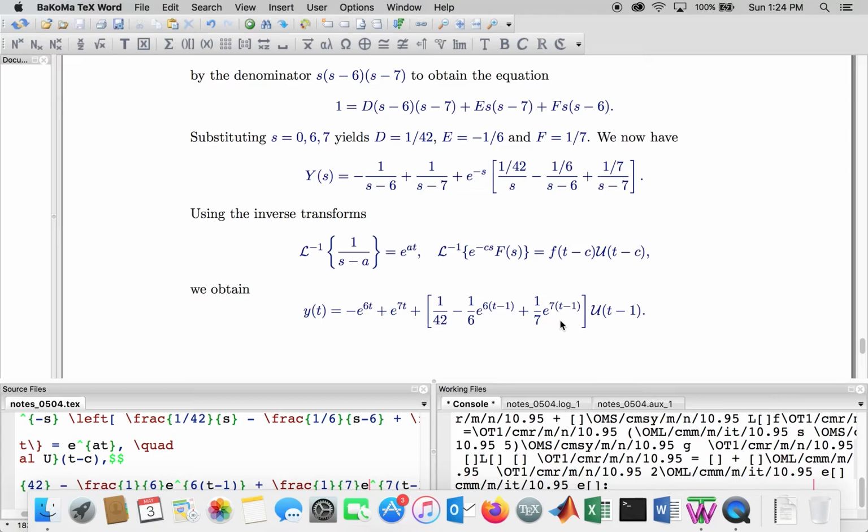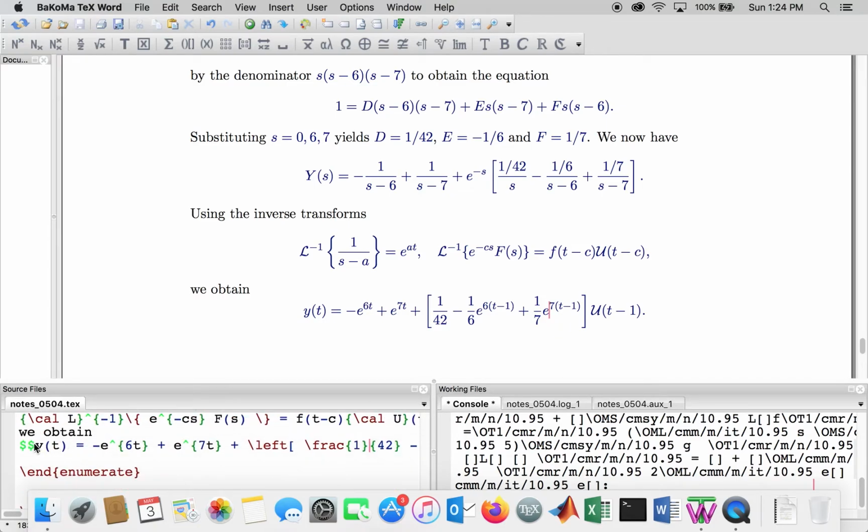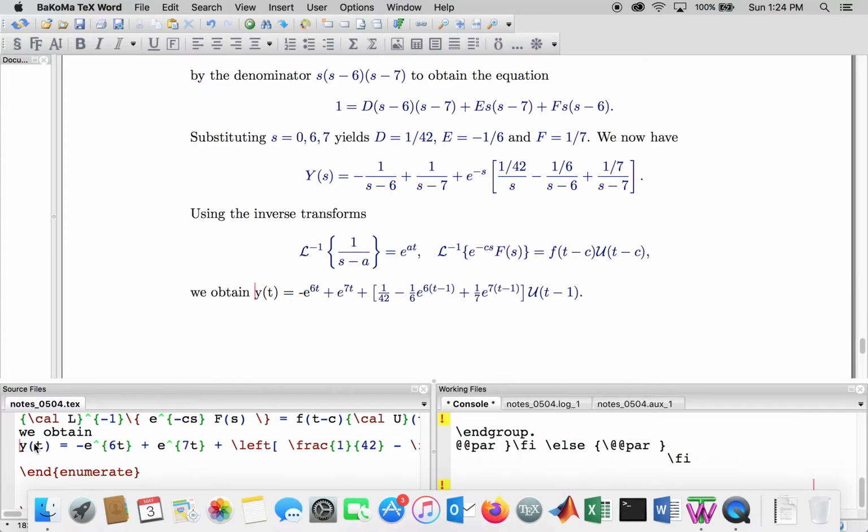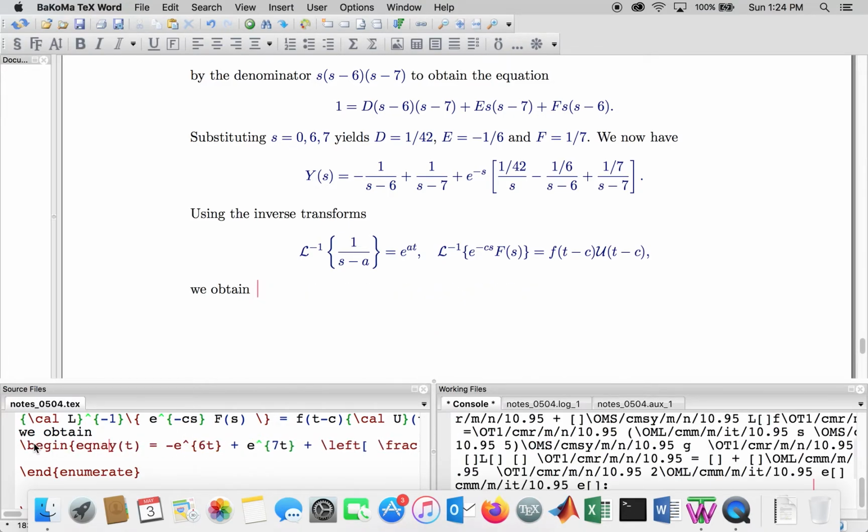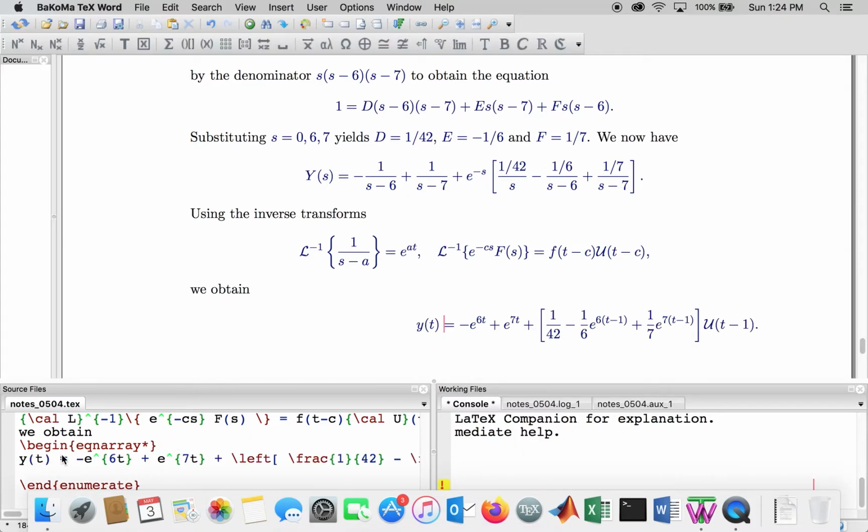So that's how we get each of the terms in this inverse transform. Okay, and what I'll do is, again, break it down a little more for your reference when you look at this later, as I highly recommend.